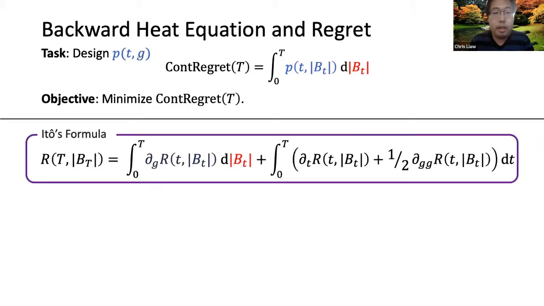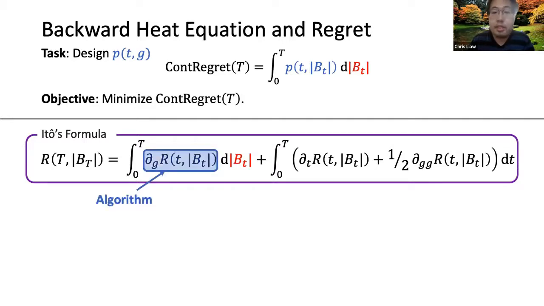Okay, so how can we deal with a stochastic integral? To do this, we use a fundamental tool known as Ito's formula, which states that a function r evaluated at some time t and position B_t is equal to a stochastic integral of partial_g of r integrated against Brownian motion, plus the classical integral of partial_t of r plus 1/2 partial_gg of r integrated against time.